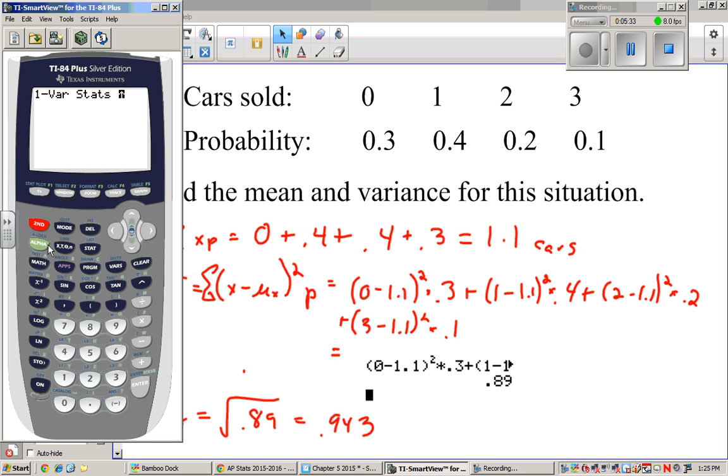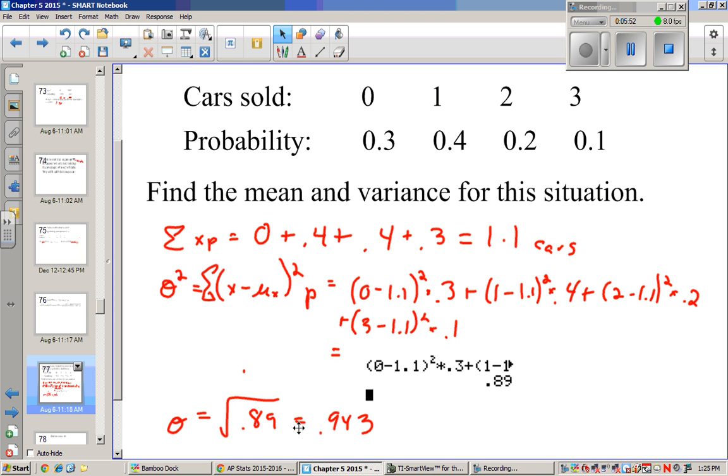Now some people don't have this screen, so if I hit L1, comma, L2, it'll look like this. It gives you your mean, which is 1.1. It doesn't give you your variance, but it goes straight to your standard deviation, 0.9433.